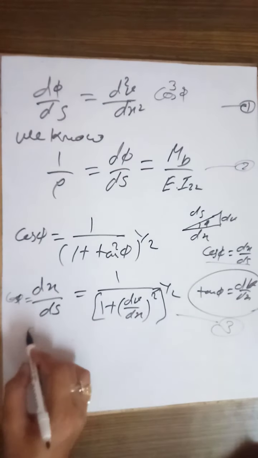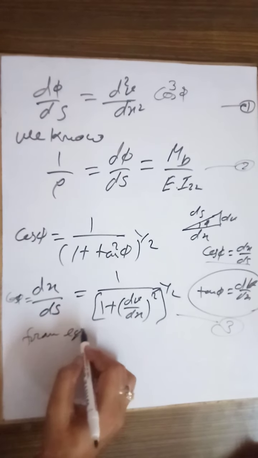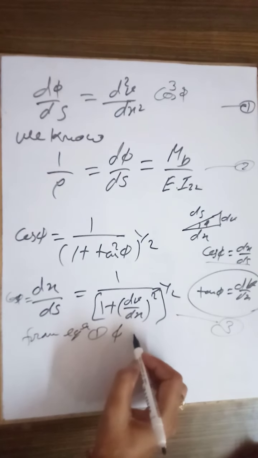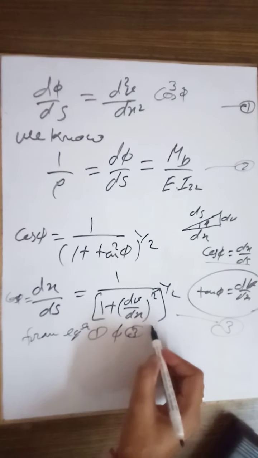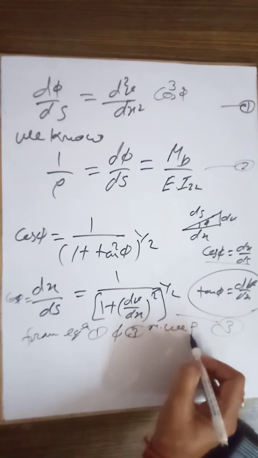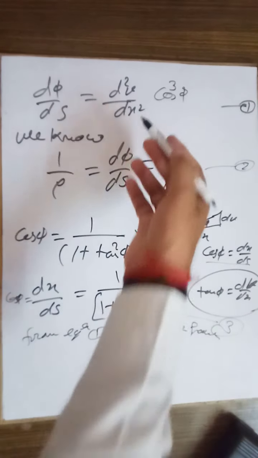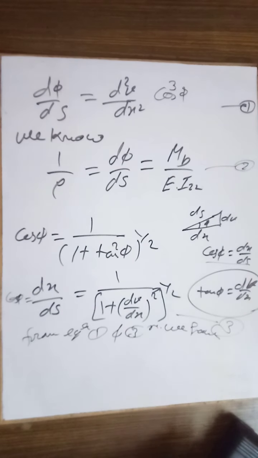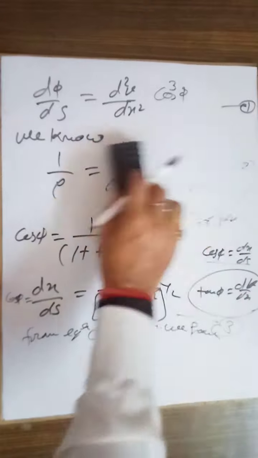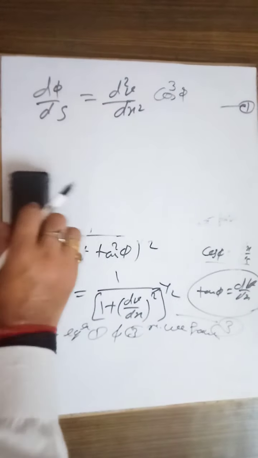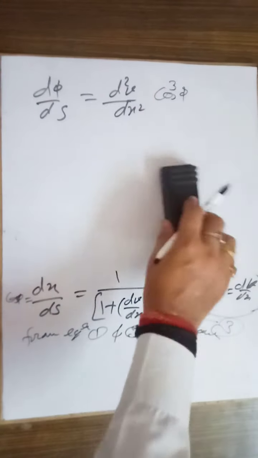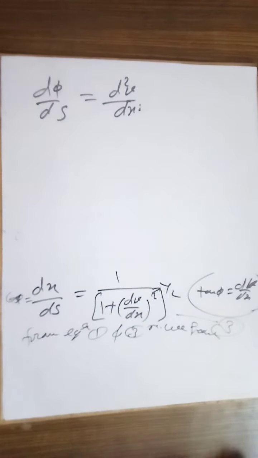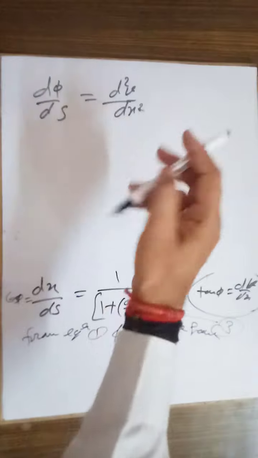So from equation 1 and equation number 3, we can put the value here in equation number 1. So what will be the result now? Let me erase this part and put the value in equation number 1 in place of cos cube phi.